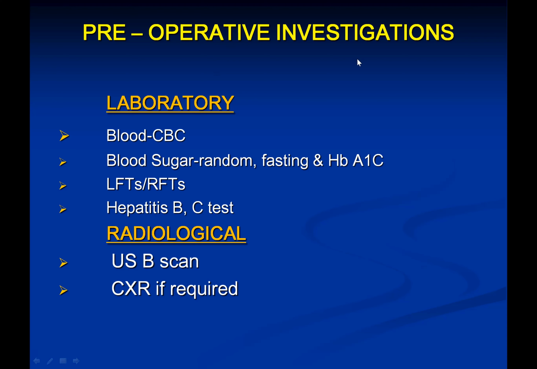Pre-operative investigations other than clinical include laboratory investigations like complete blood picture, blood sugar random and fasting for all patients, and glycosylated hemoglobin for diabetic patients that should be normal. Liver function tests and renal function tests are important because diabetic retinopathy is linked with diabetic nephropathy.